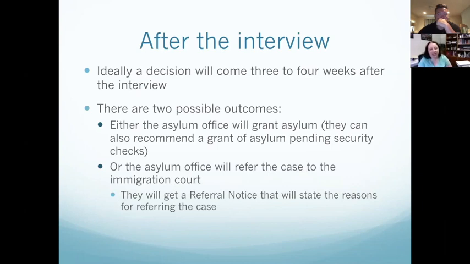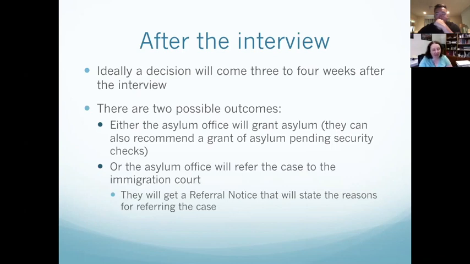I've tended to get asylum decisions anywhere between a month after the interview and 2 years after the interview. The 2 years was an extreme situation. I'd say most of them come between a month and 3 months.